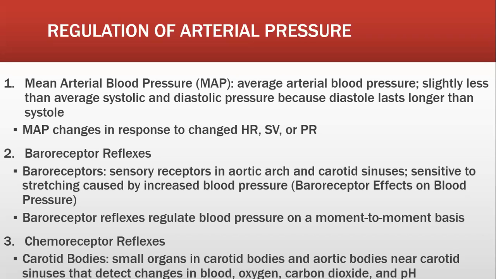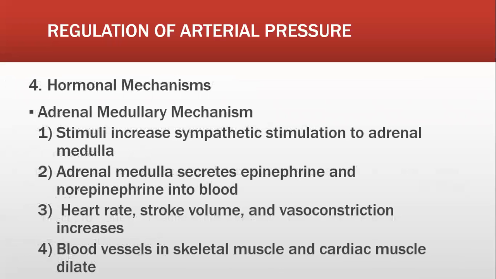Then we have the chemoreceptors. They respond to chemical substances that cause a reflex. So the carotid bodies and aortic bodies, the small organs near the carotid sinuses, detect changes in the blood oxygen, carbon dioxide, and pH. Then we also have the hormonal mechanism.